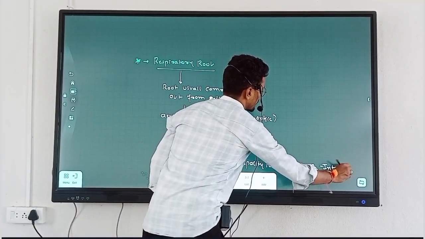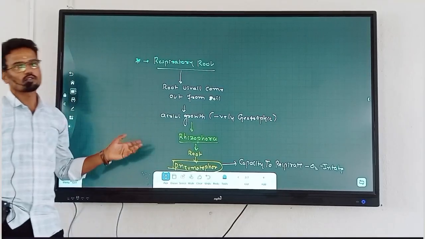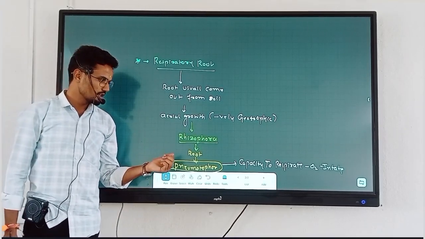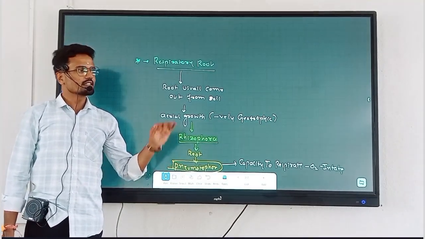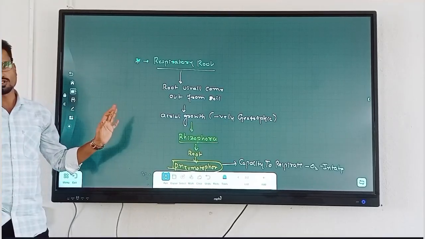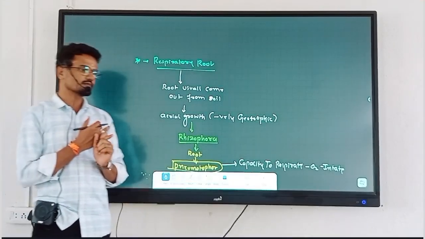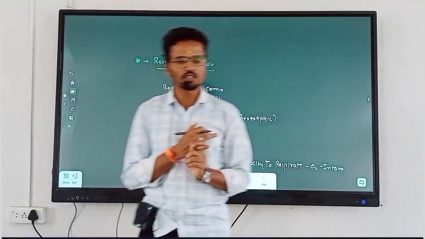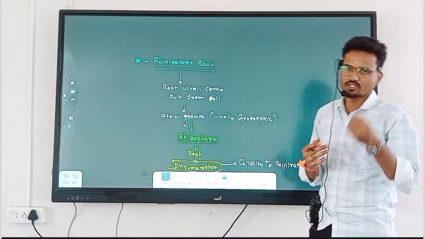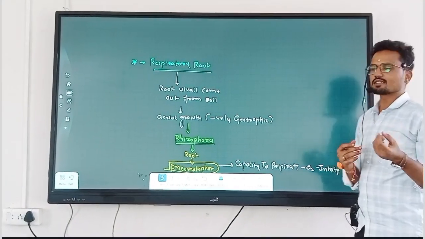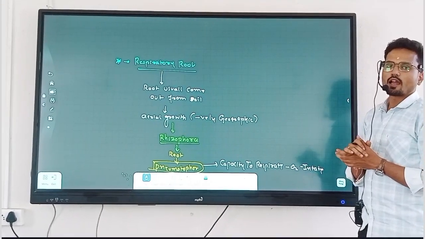So about these things we discussed in the last class. All these things come under morphology. Already we have done root morphology, how it grows and from which part of the embryonal axis it forms.